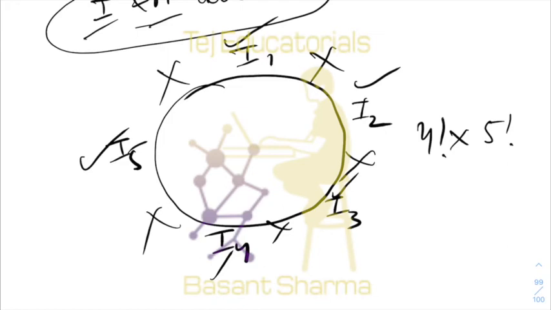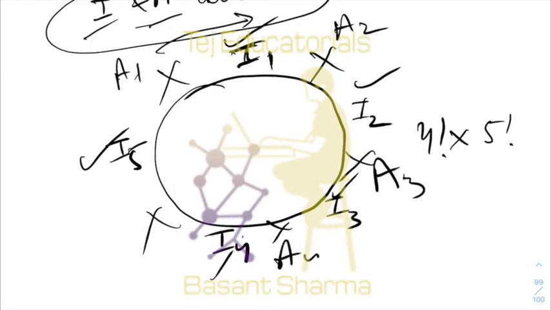If you try to rotate these Americans once you fix the Indians, suppose you fix one arrangement of the Indians like this, I1, I2, I3, I4, I5, then if one of the arrangements is A1, A2, A3, A4, A5, then this arrangement is different if you rotate the Americans clockwise.